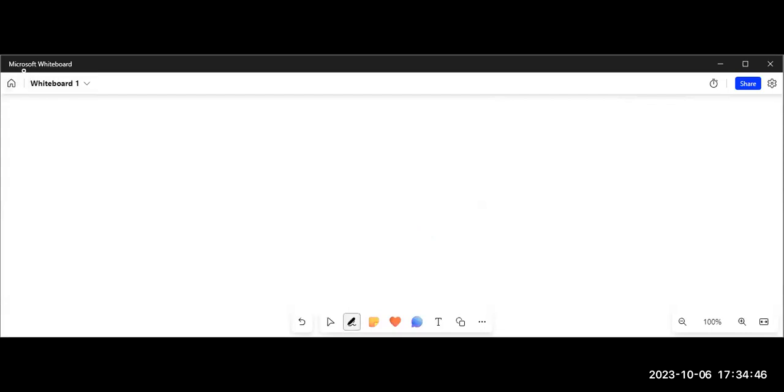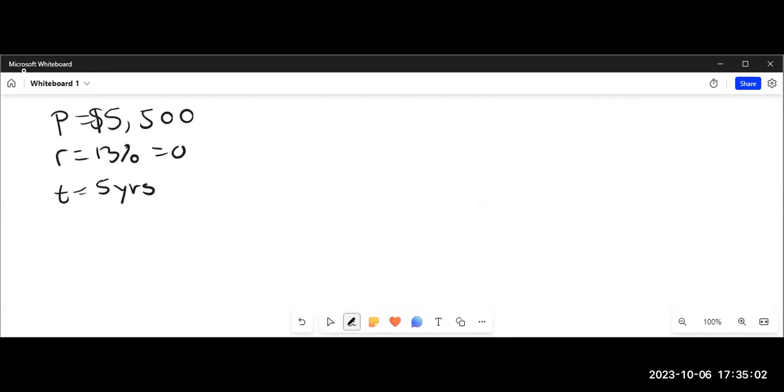A person borrows $5,500 and agrees to pay it back in 5 years. The simple interest rate is 13%. Find the total amount that she pays back.